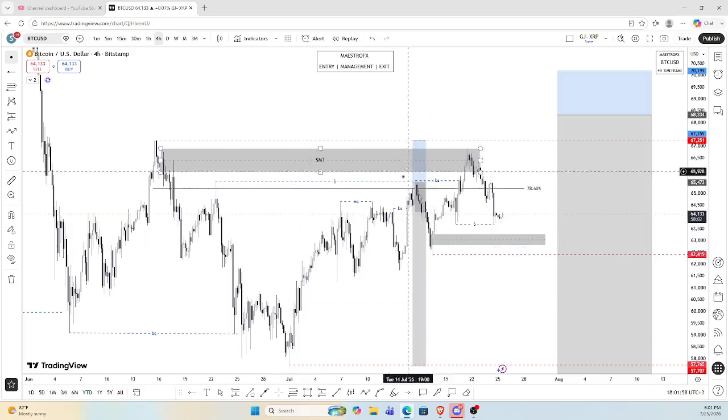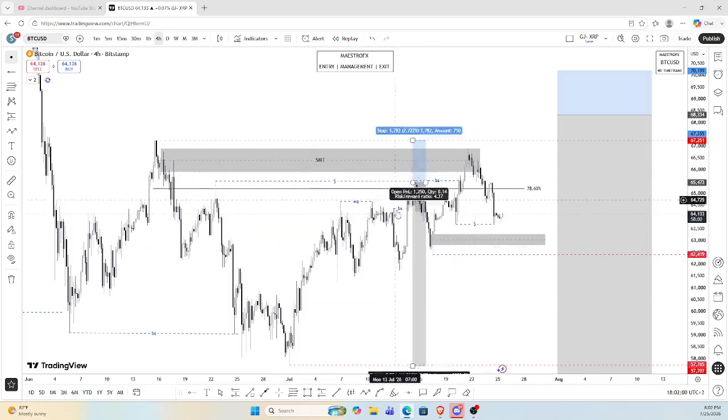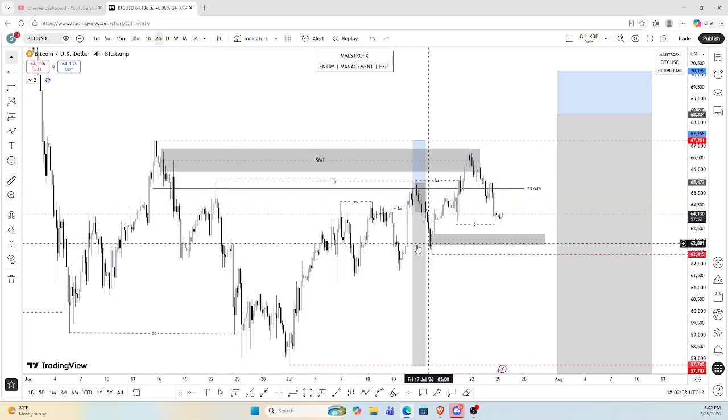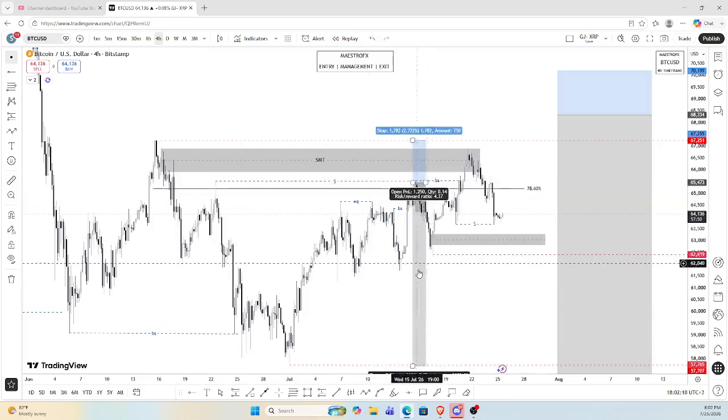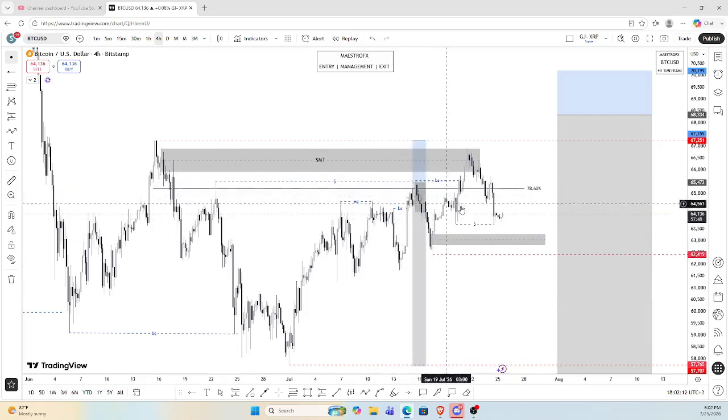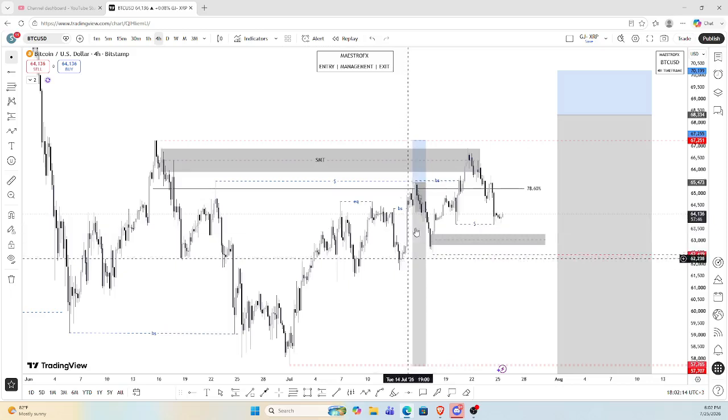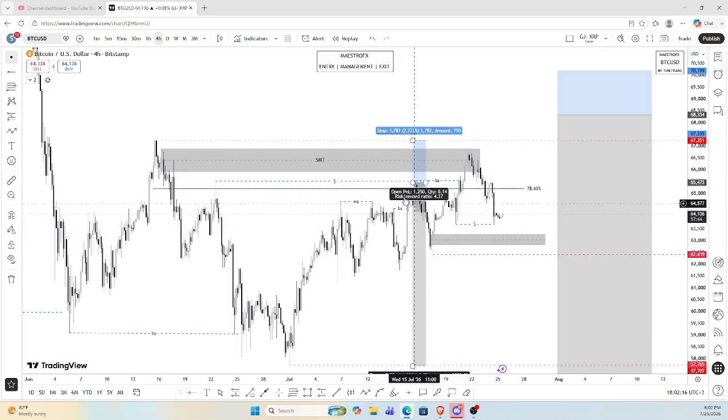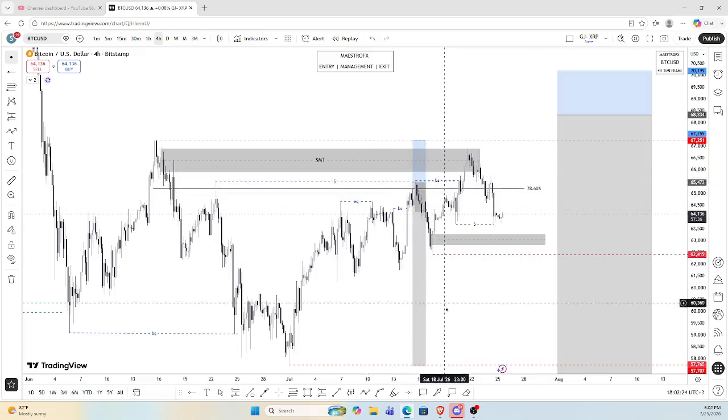I took this short once we took this internal liquidity, and once we had this good follow through movement, I took all my positions to break even, as I'm anticipating that once we take this internal liquidity, it should be the catalyst for this price to head lower.